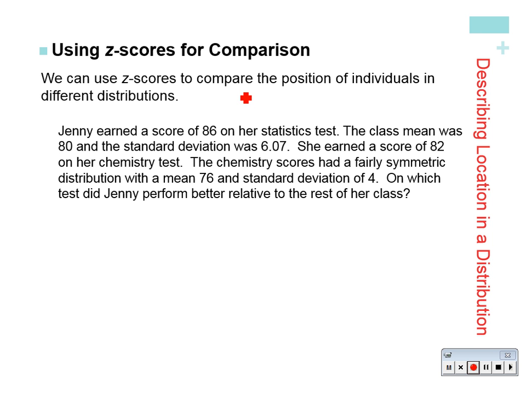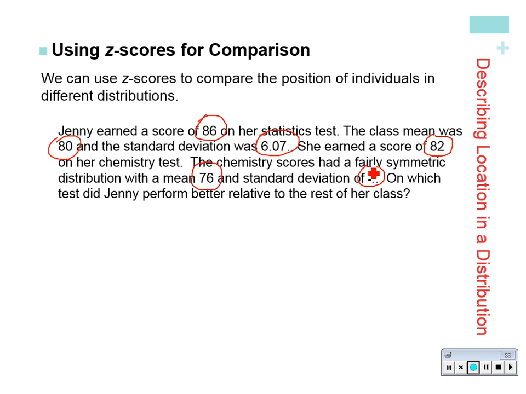Here's an example. Jenny earned a score of 86 on her statistics test. The class mean was 80 and the standard deviation was 6.07. In another class, her chemistry class, she earned an 82 on her chemistry test, and the chemistry scores had a fairly symmetric distribution with a mean of 76 and a standard deviation of 4.